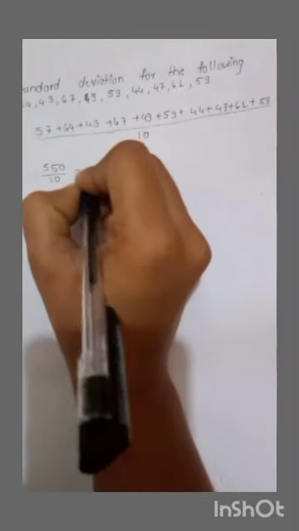The sum of this is 550, and 550 divided by 10 equals 55.